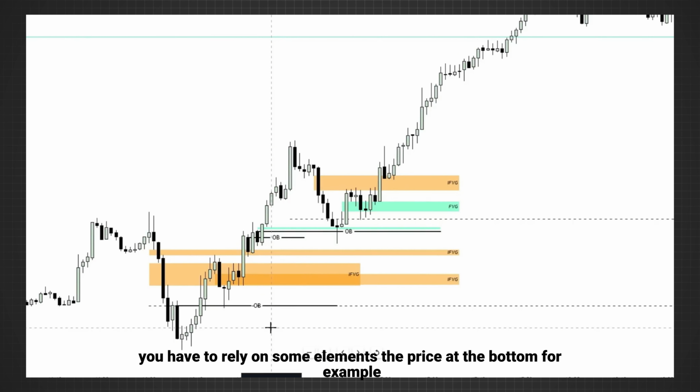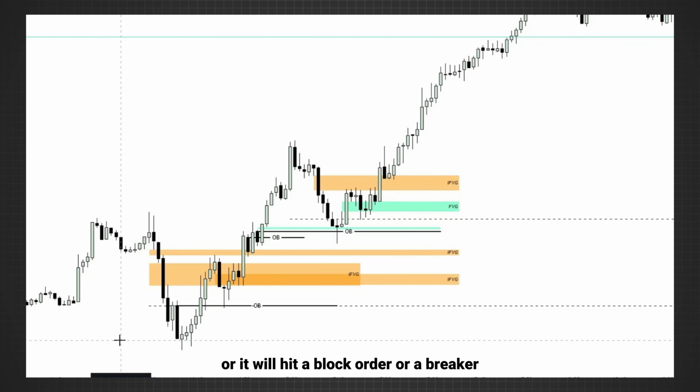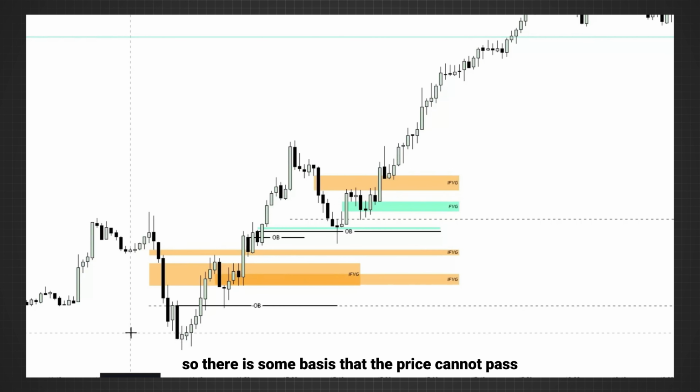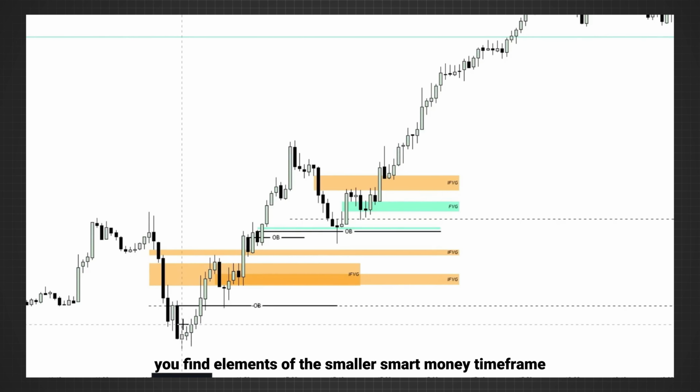You have to rely on some elements. The price at the bottom, for example, will either take liquidity off, or close the gap, or hit an order block, or a breaker. So there is some basis that the price cannot pass. And there's a magnet at the top that will attract the price. That's liquidity. And so in those two main reference points, you find elements of the smaller smart money time frame.